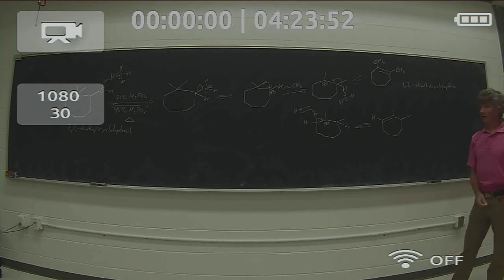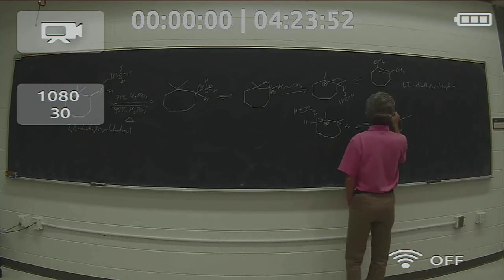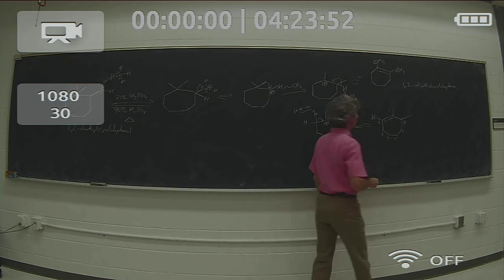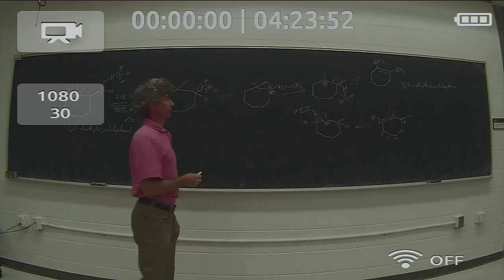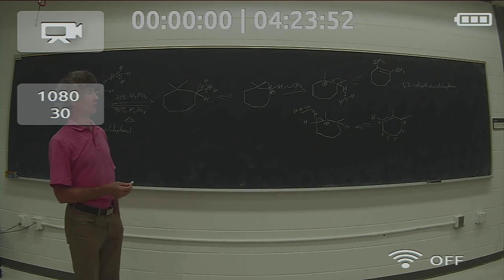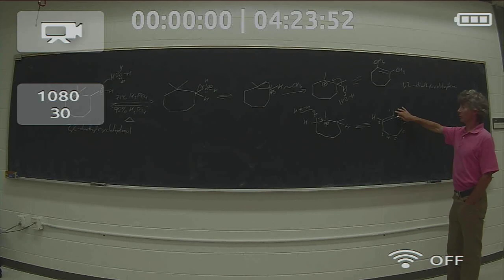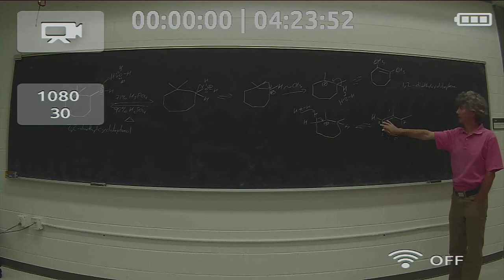This is another cyclohexene, and we would number it this way. We want to number so that the double bond has the lowest number possible, and we want to number it in such a way that the more substituted end of the double bond has the lowest number possible. And then we need to number it so that the second carbon is attached to the double bond.